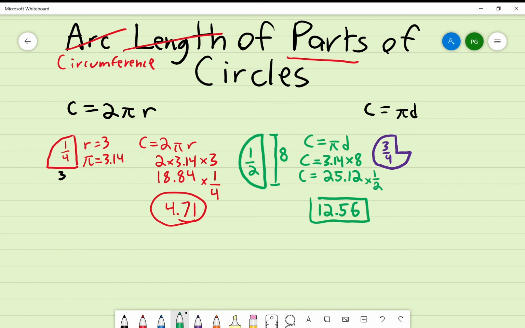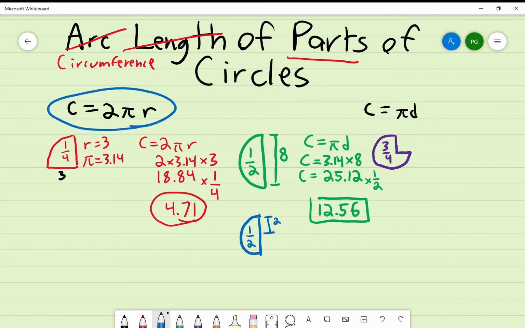Let me give you one other example with this. Let's say I give you this circle, obviously it's half a circle, and I tell you that this measurement right here is 2. That measurement is half of the distance from one side of the circle to the other, so that measurement is actually your radius. And if you're using your radius, you're going to use this formula.